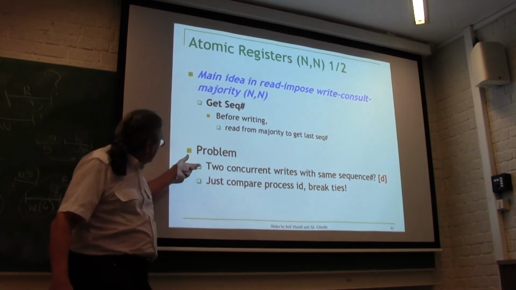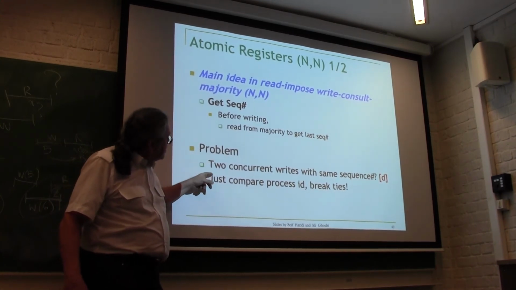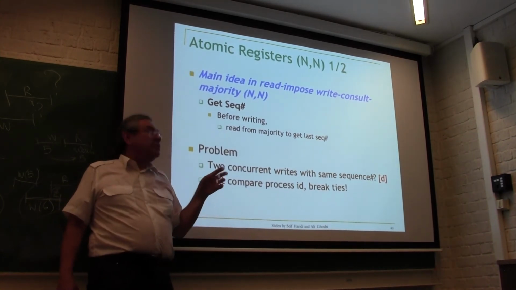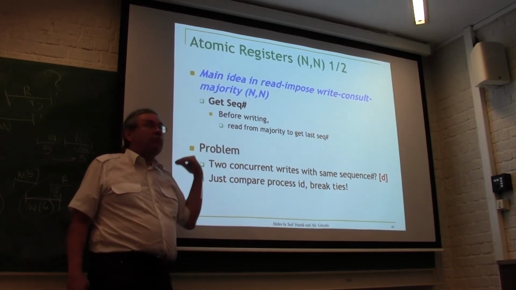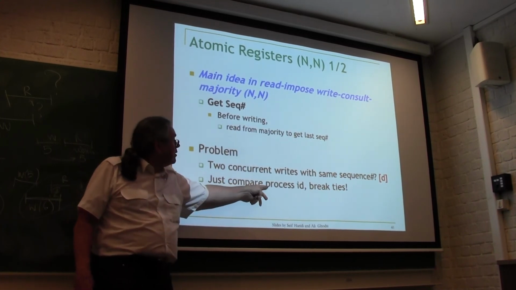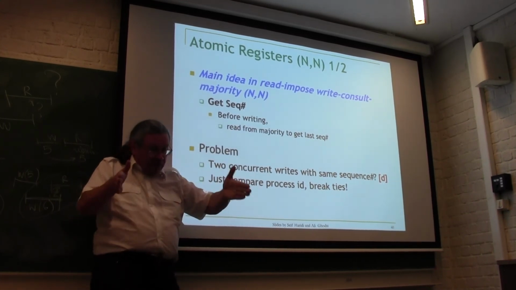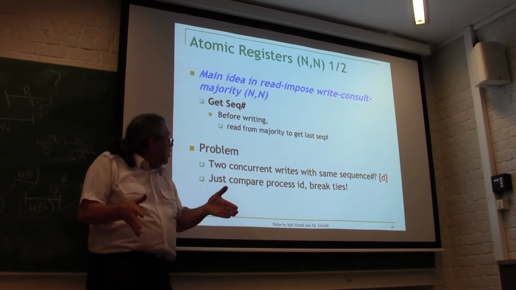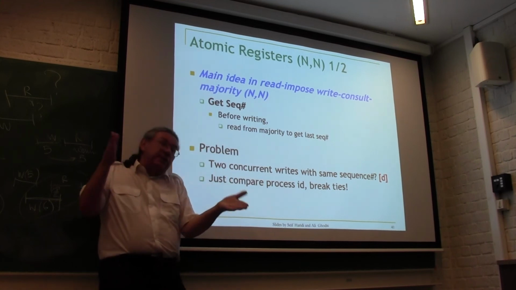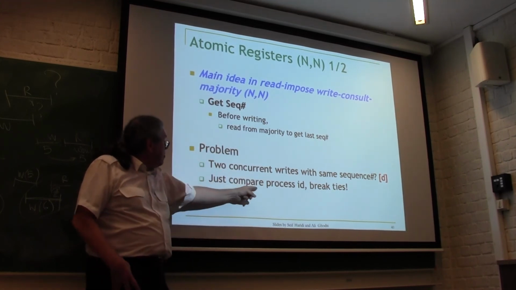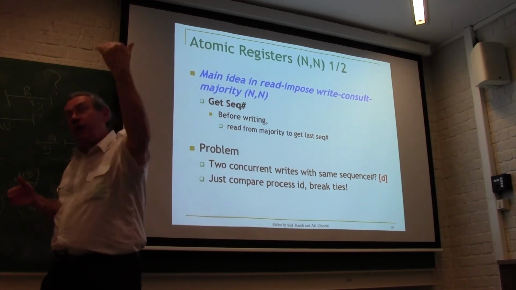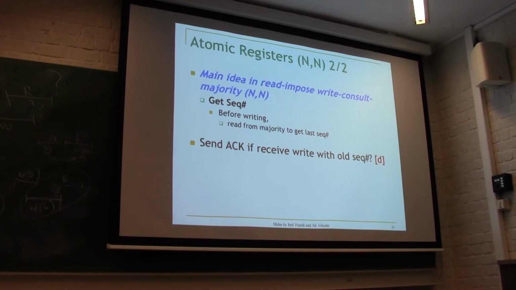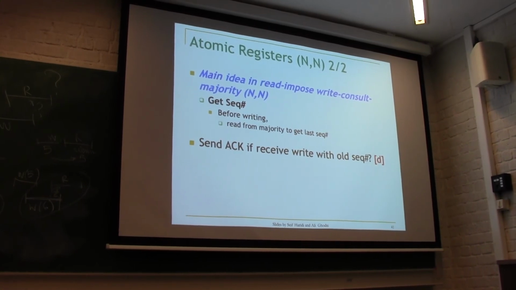The sequence number also contains the process ID. This is a trick we saw a long time ago with Lamport clocks. These two nodes have the same sequence number, they're doing writes, but they have to do the writes in the same order. So one of the process IDs will be higher than the other. If they compare the process ID, then one of them will be ahead of the other. And that's the final algorithm. And then there are a few other things.